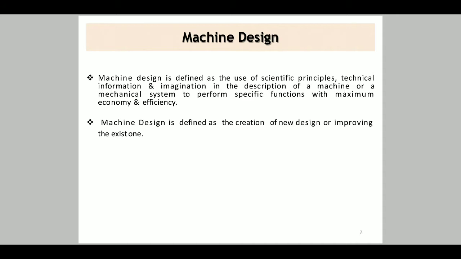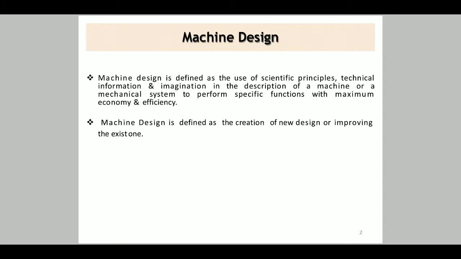So we will first see machine design. Machine design is defined as the use of scientific principles, technical information, and imagination in the description of a machine or a system to perform a specific function with maximum economy and efficiency.